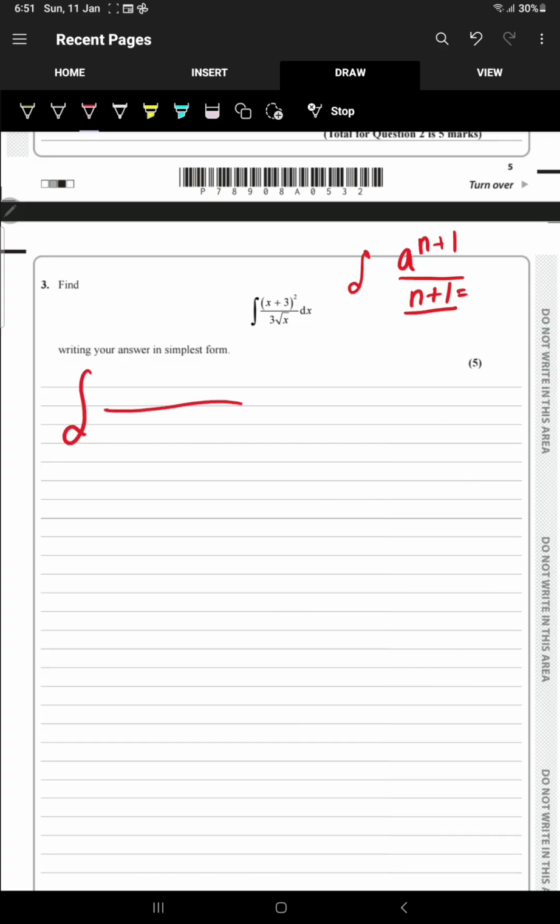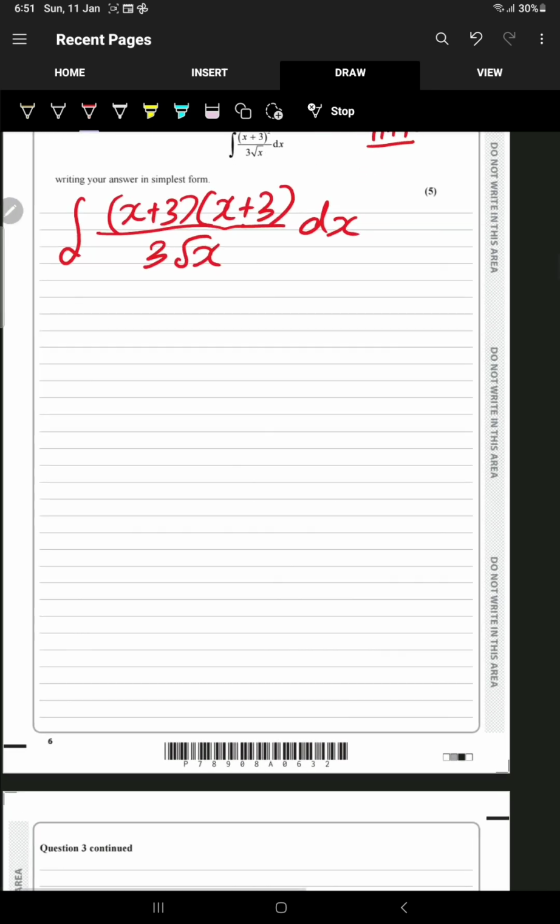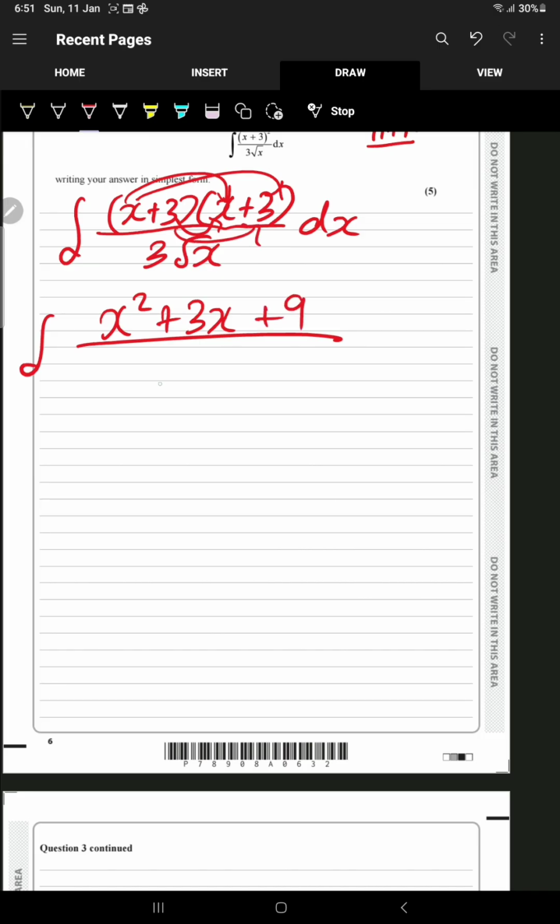So we can expand this bracket. (x plus 3) squared over 3 root x, with respect to x. Now expand the brackets: x squared plus 3x plus 3x plus 9 over 3 root x.